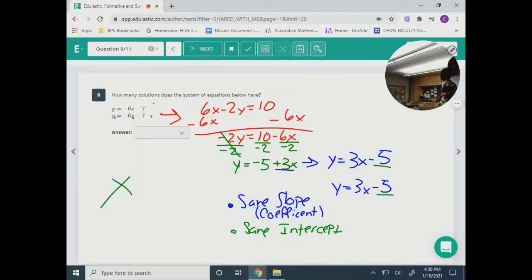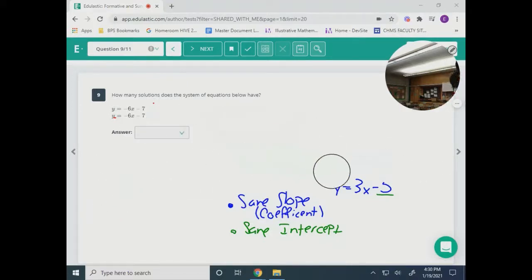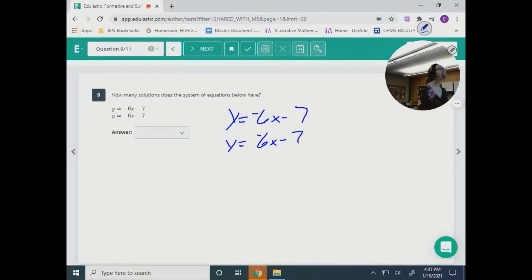Here we go, number 9. How many solutions does the system below have? We have y is equal to negative 6x minus 7, and y equals negative 6x minus 7. How many solutions does this have?